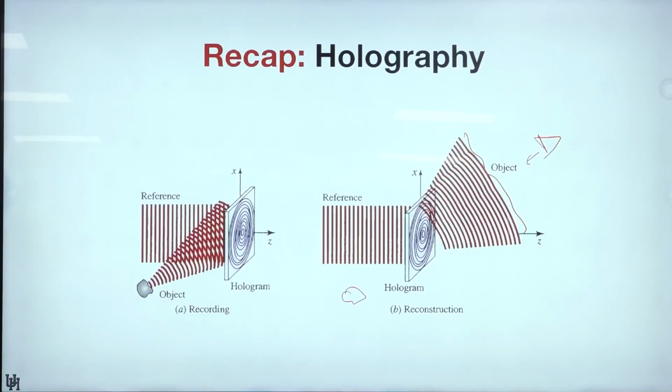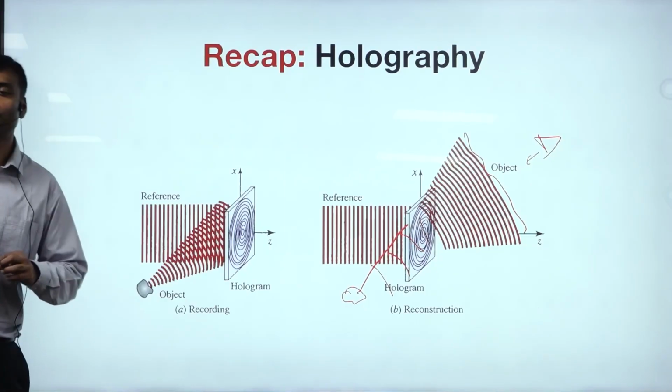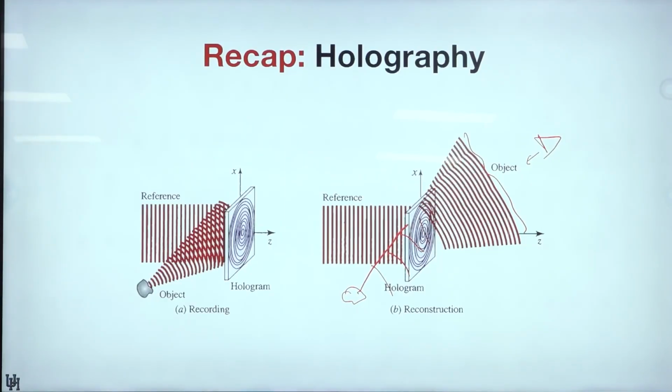If the object was here and there was no holographic plate, then whatever light comes there is exactly what you would see, and therefore the object will look 3D. It will have the same shape, feel and structure of a 3D object, so holography gives you the appearance of the three-dimensional shape of an object.